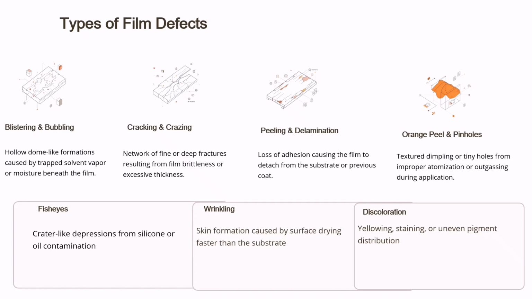Orange peel and pinholes are texture defects caused by improper application or trapped gases. Fish eyes appear as small crater-like spots due to silicone oil or contamination. Wrinkling occurs when the top layer dries faster than the layer underneath. Finally, discoloration refers to yellowing, staining, or uneven color appearance in the coating.